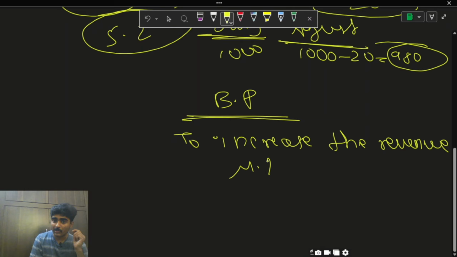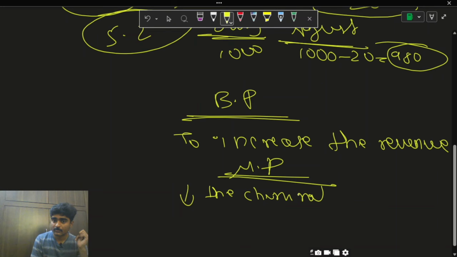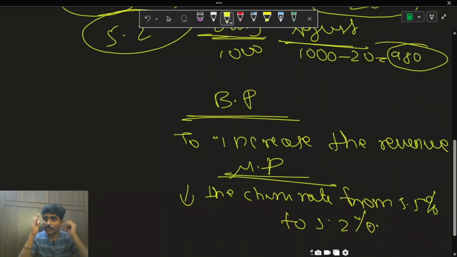Now you have converted that to a machine learning problem where you need to decrease the churn rate from 5.5% to 5.2%. You have successfully converted, as a data scientist, a business problem to a machine learning problem. This is basically the case study of framing a machine learning problem. You have successfully framed a machine learning problem.